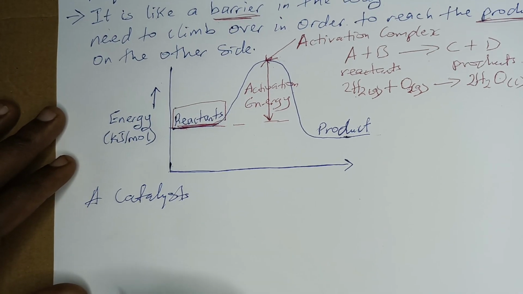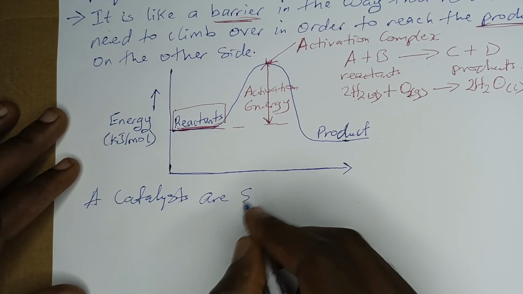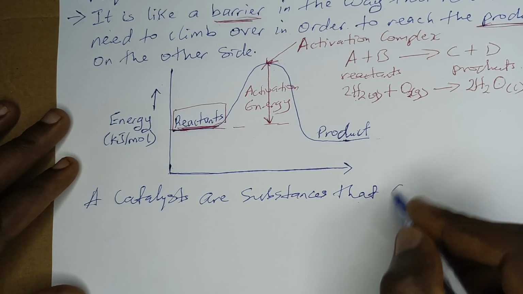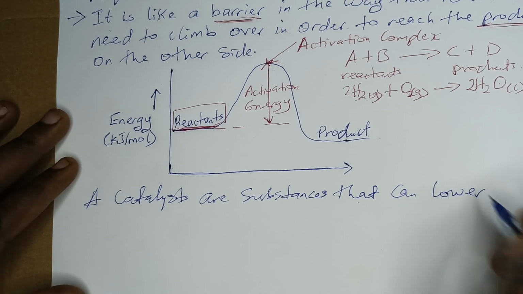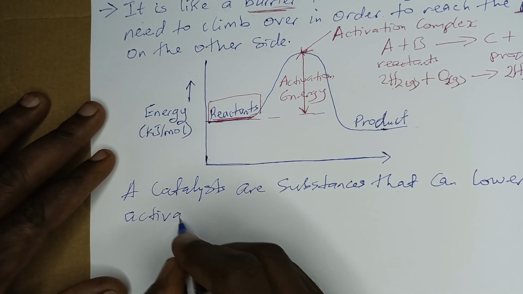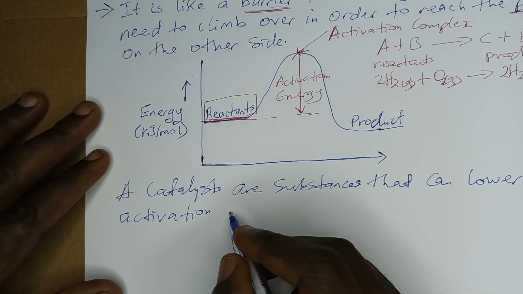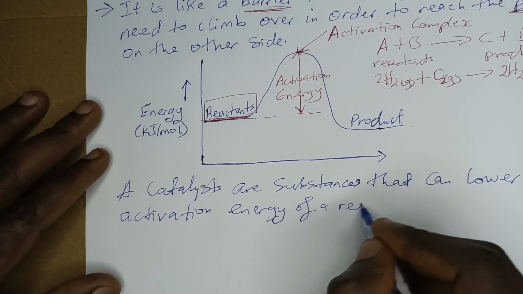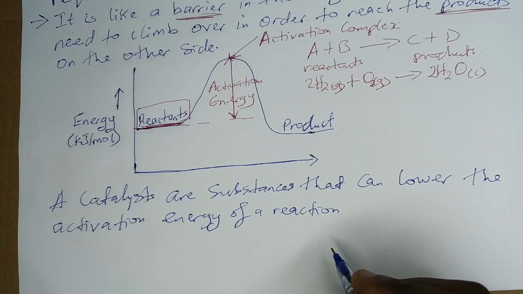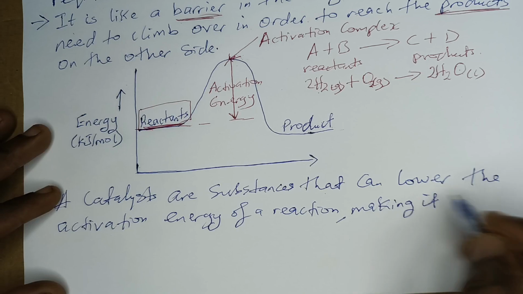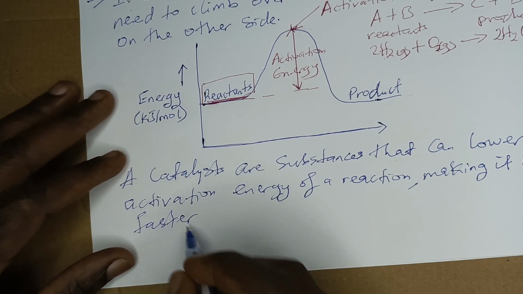Now, what do you understand by the word catalyst? Catalysts are substances that can lower the activation energy of a reaction, making it happen faster.